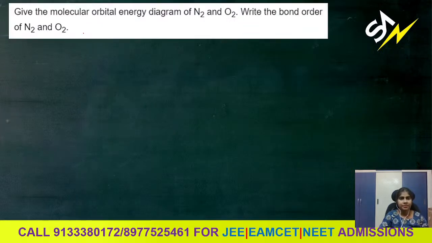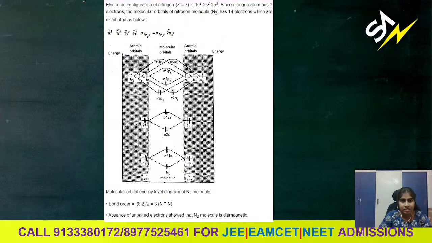And next, give the molecular orbital energy diagram of nitrogen and oxygen. Write the bond order of nitrogen and oxygen. As you know, these molecular orbital energy diagrams are very important. Let us see for nitrogen and oxygen. See, this is for nitrogen.